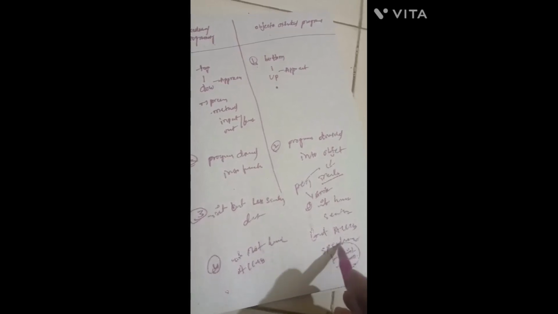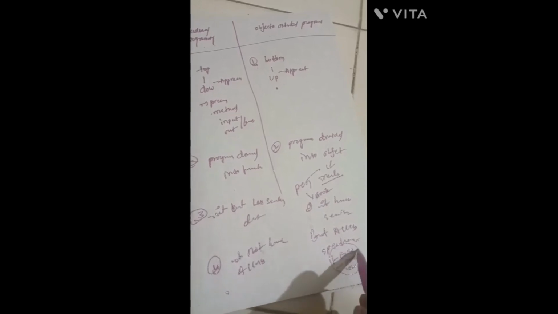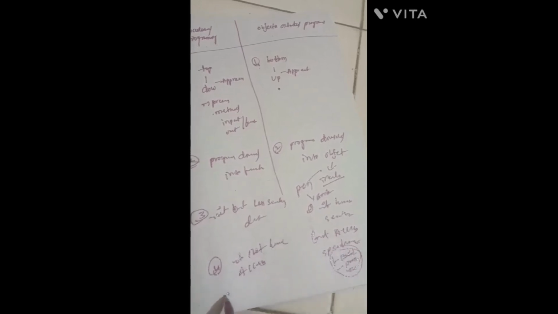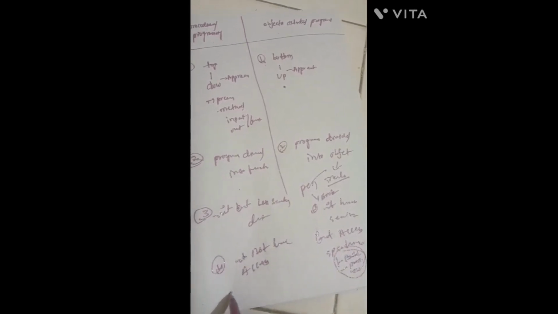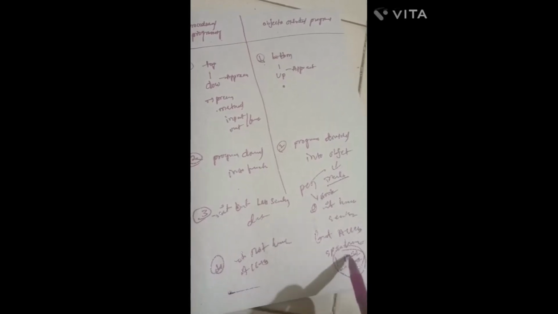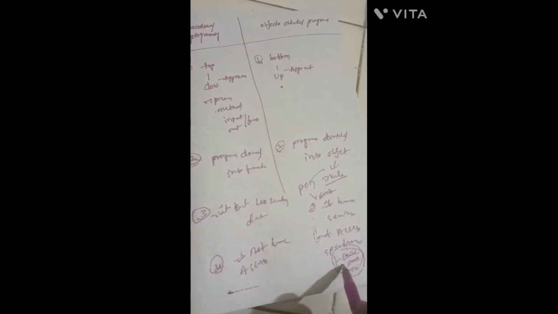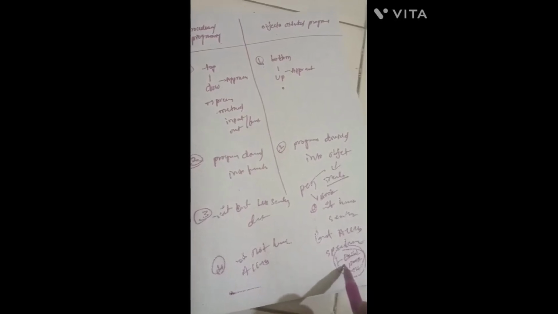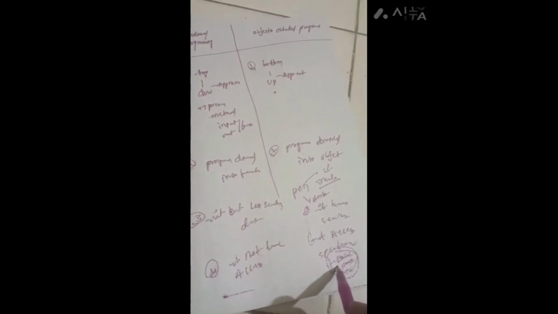This is called using access specifiers. Procedural programming uses only C, Pascal, Fortran. Object oriented programming uses C++, Java, Python.